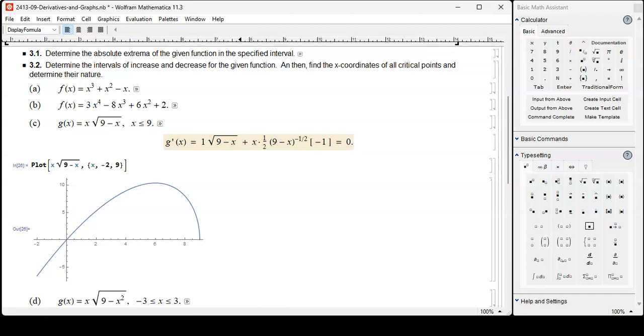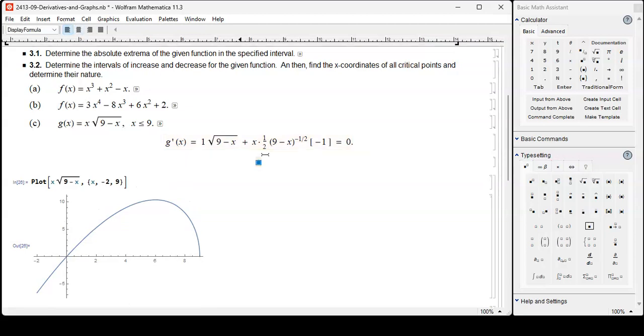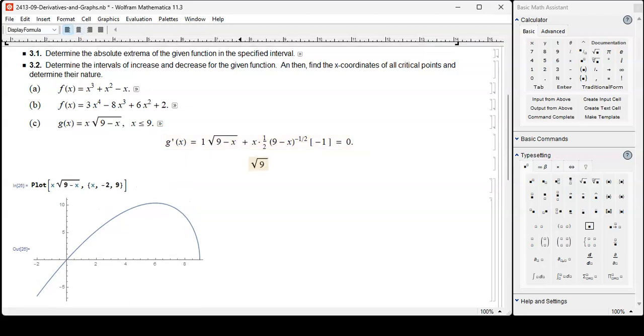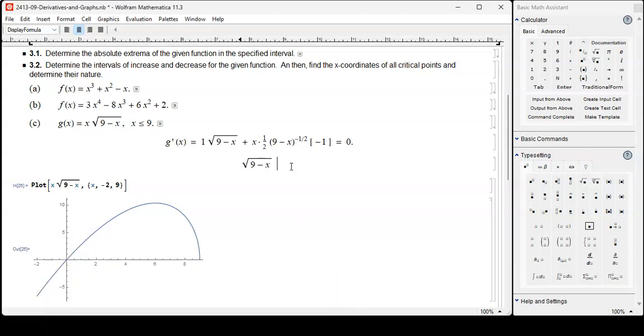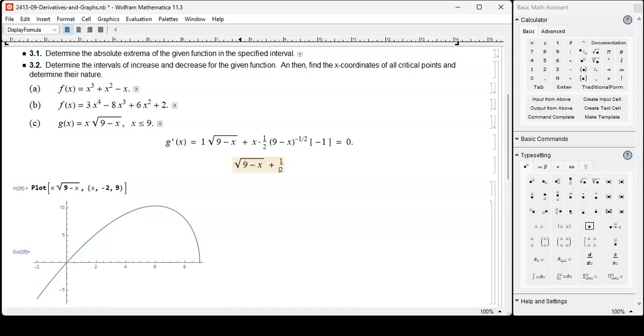Okay, so calculating the derivative is not too bad, but setting it equal to 0, and these power forms are not really good. So square root of 9 minus x, oops, plus 1/2 x, and then square root of 9 minus x in the denominator.